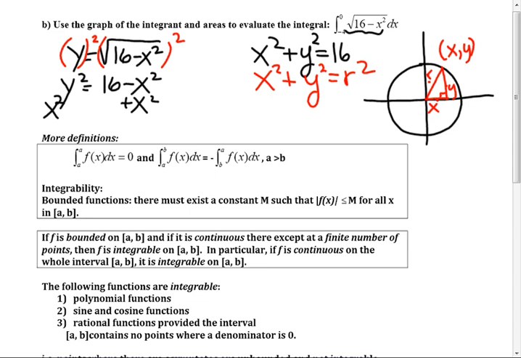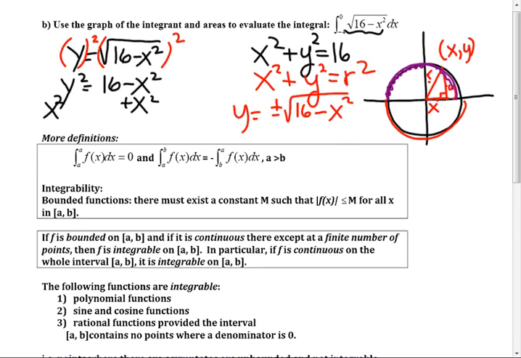If I solve for y, I get y equals plus or minus the square root of 16 minus x squared. The minus is this part of the circle, and the plus is the top half of the circle. Because if I have the whole circle, then I don't have a function, do I? Is that a function? Does it pass the vertical line test? No. So when I do this and it's the positive, it's just the top half.